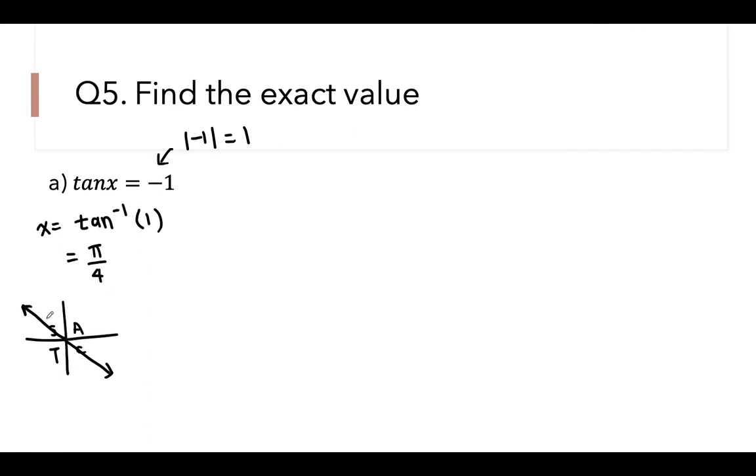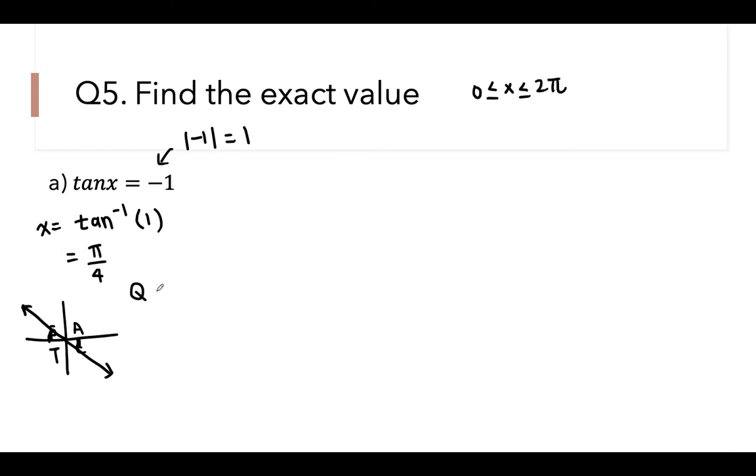Okay, so therefore we're looking for this angle and this angle. So that is the related acute. So let's write down. It can be quadrant 2. There are going to be two answers, assuming that the domain is between 0 and 2 pi.